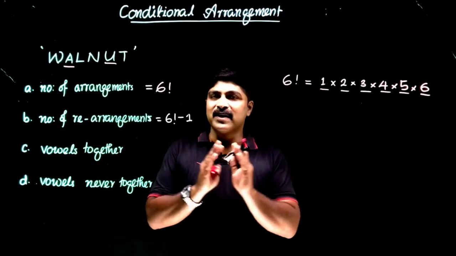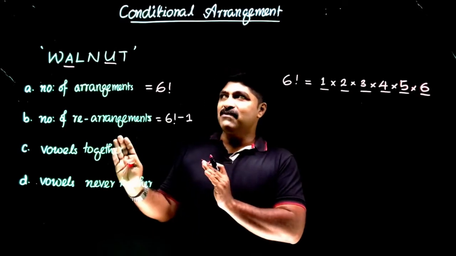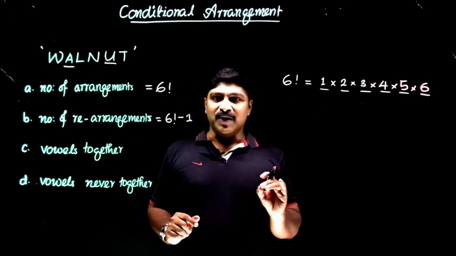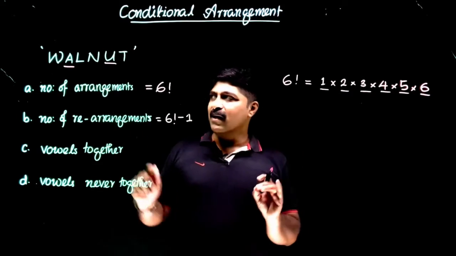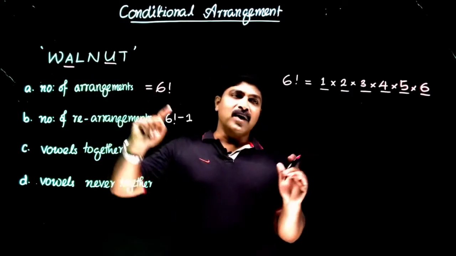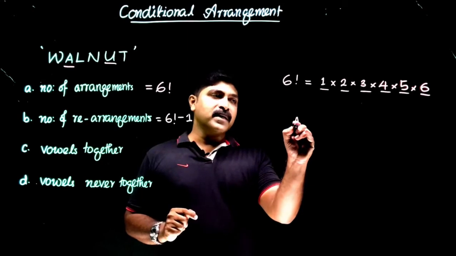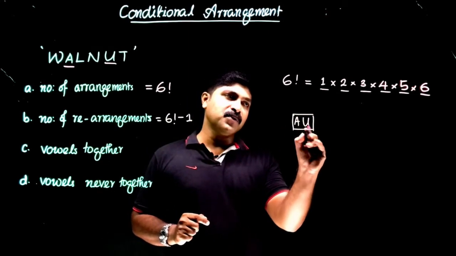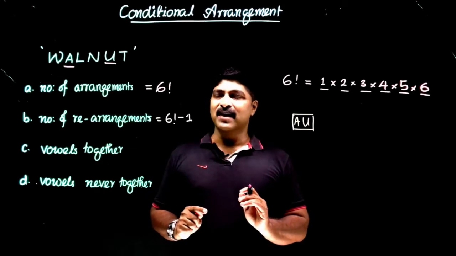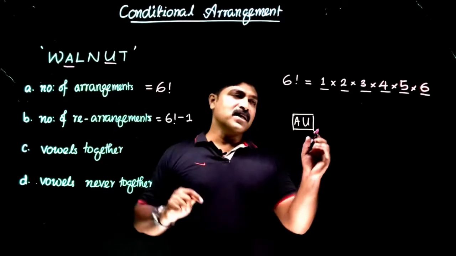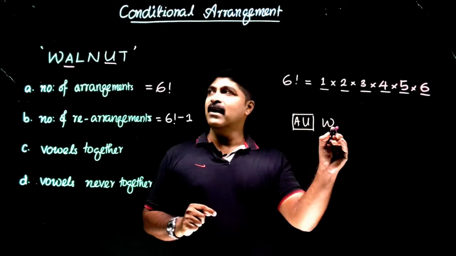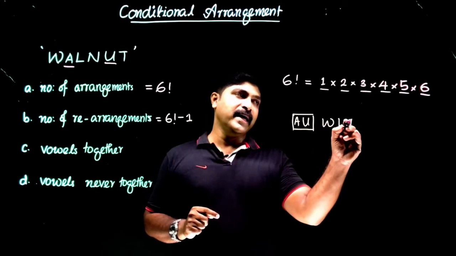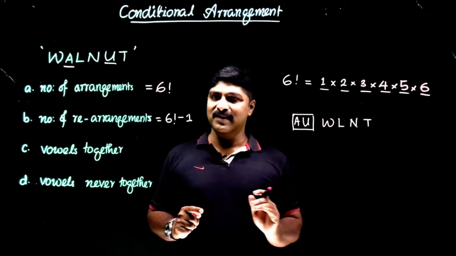For this particular type of arrangement, I will give the trick directly. There are 2 steps for this operation. First step, identify the vowels and put those vowels in a single box: A and U, just put them in a single box. And write all the rest of the letters here: W here, L here, N here, T here.